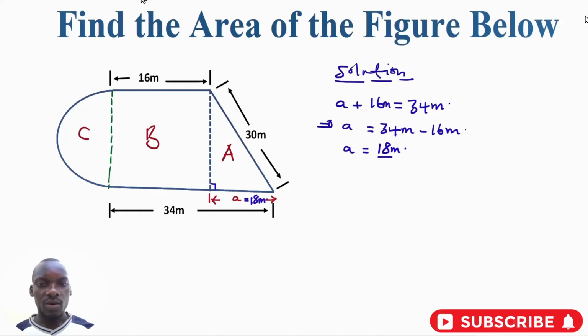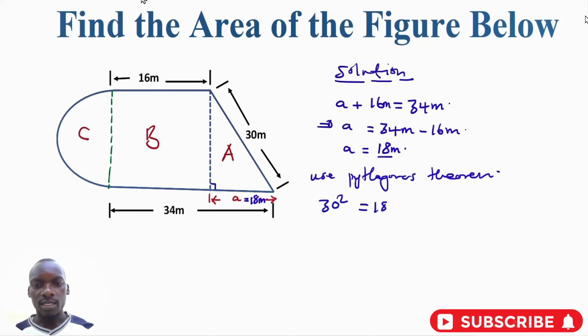So in here, we are going to use Pythagoras theorem. That's 30 squared equals 18 squared plus the height we are looking for, assuming this is the height, so plus h squared. This implies that h squared equals 30 squared minus 18 squared.